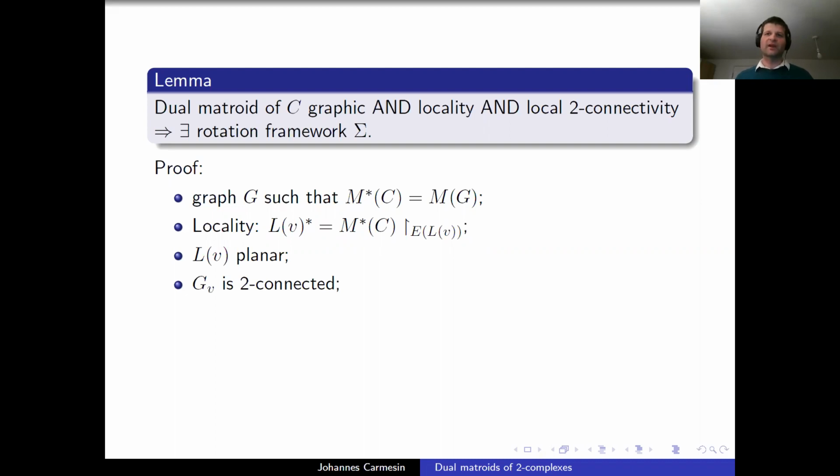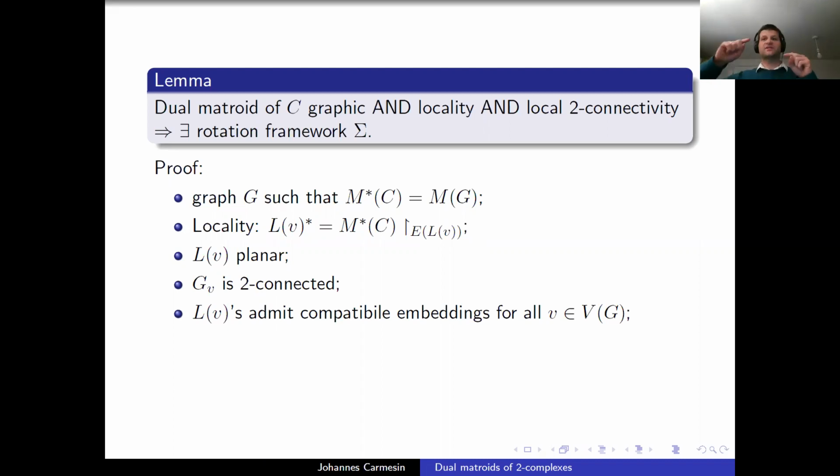And then, right, so G sub V is this graph which you get by taking the cycle matroid of G and restricting it to all the faces incident with the vertex V. And because the link graphs were 2-connected, their dual matroids are also 2-connected. So these graphs G sub V are 2-connected. And now you know that because these graphs are 2-connected, every face of these graphs G sub V, which have dual planar embeddings with the link graphs L sub V, will be bounded by a cycle, and a cycle has only 2 rotation systems, clockwise and anti-clockwise.